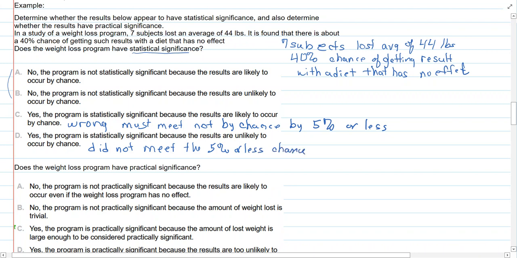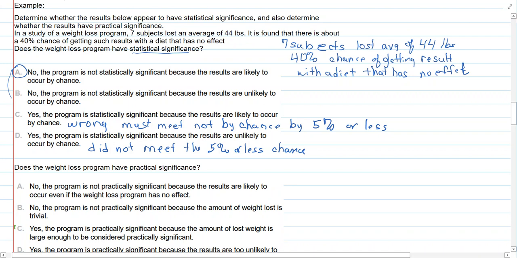Okay, so now we got to the no's. No, the program is not statistically significant because the results are likely to occur by chance. That fits it.